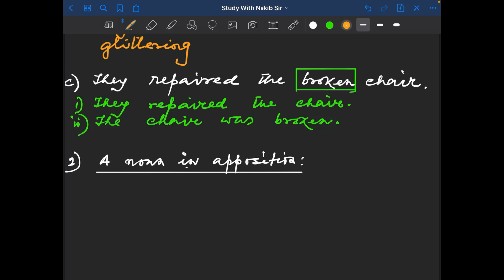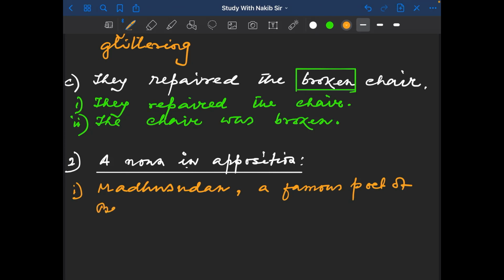Okay, now take an example, then it will be clear to you. Number 1, Madhusudan, a famous poet of Bengal, was a genius.